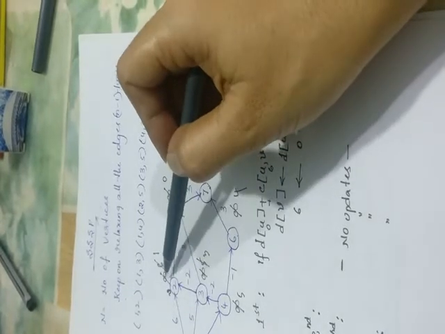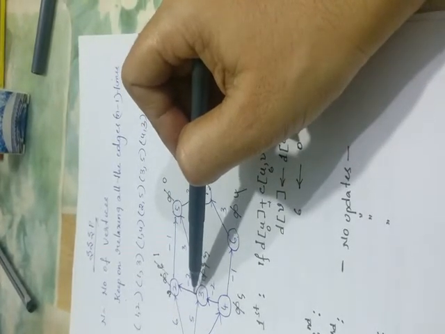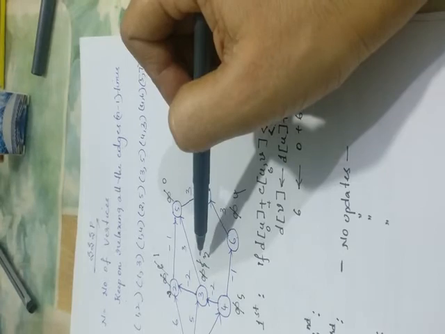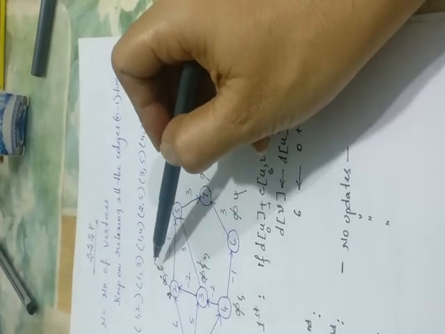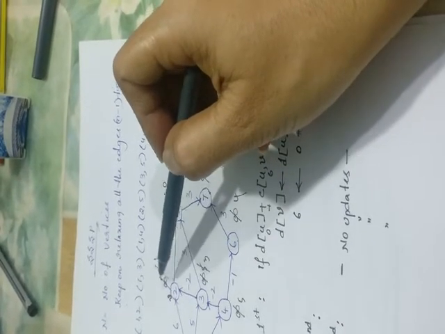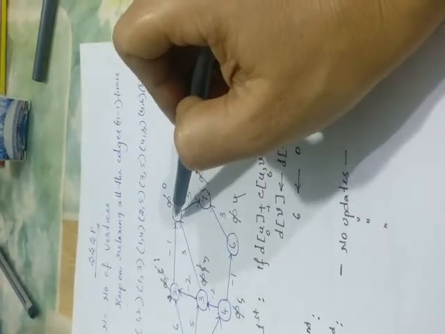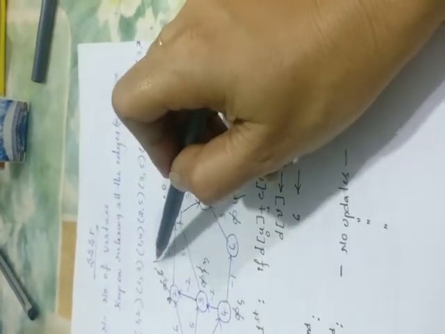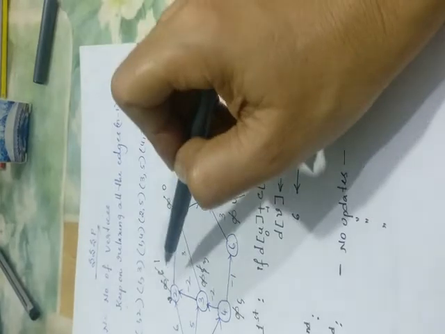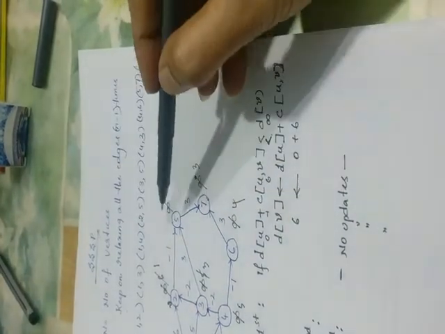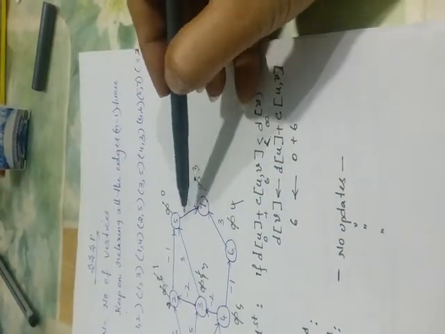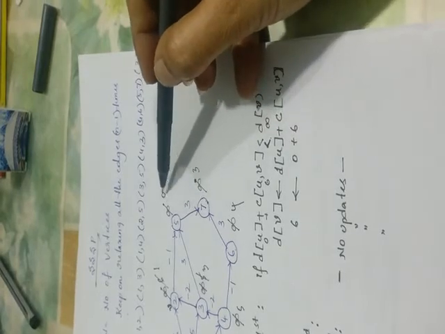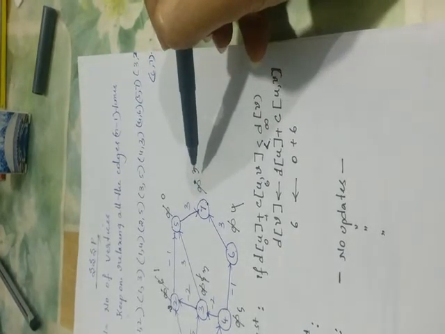Next 3 to 2: 3 minus 2 is 1, which we have already done. Next 2 to 5: 1 minus 1 is 0, that also is not updating. Similarly 5 to 7: 0 plus 3 is 3, so it is not changing.